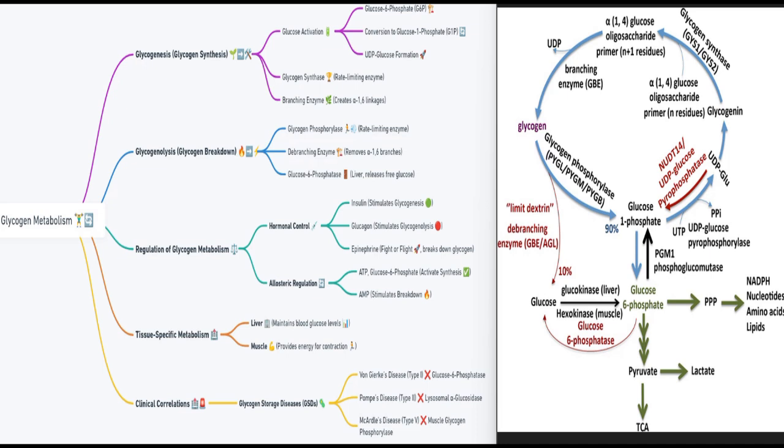Glycogenolysis begins with the splitting of glucose molecules from the branched glycogen molecules by phosphorylation to form glucose 1-phosphate in the presence of glycogen phosphorylase. And glucose 1-phosphate, like I said, is converted to glucose 6-phosphate and finally to glucose. So that's it for glycogen metabolism.